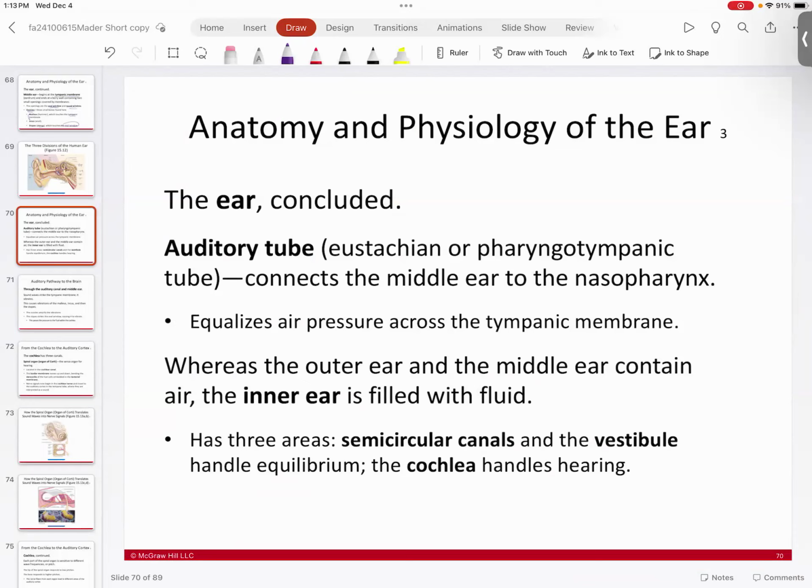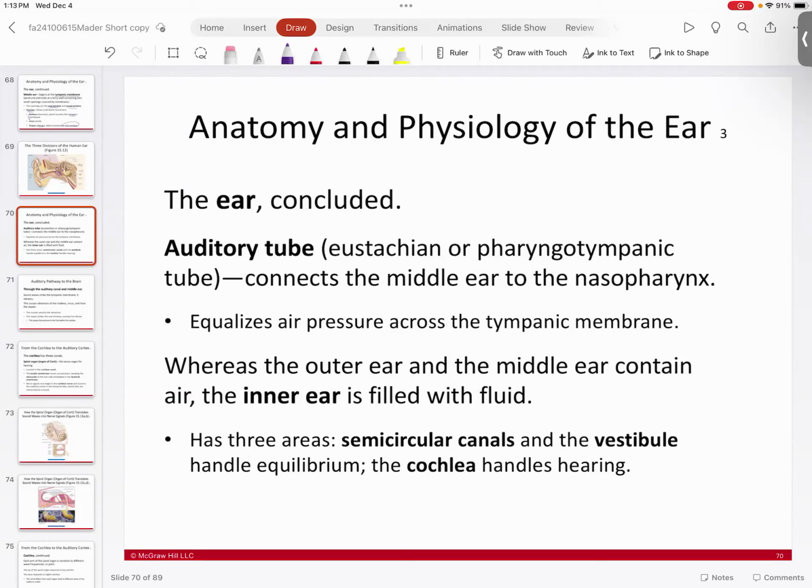So the auditory tube, which is not the same as the auditory canal, is what we refer to as the eustachian tube, or if you want to get fancy and impress your friends at a party, call it the pharyngotympanic tube. Of course, if you do that at a party, my guess is you'll probably never be invited to another one.